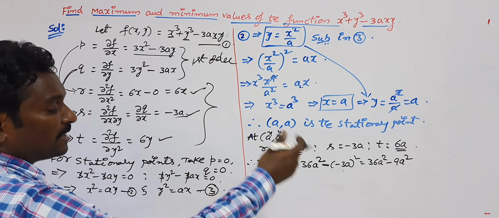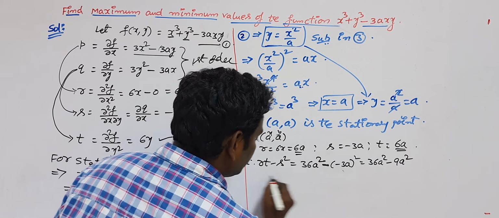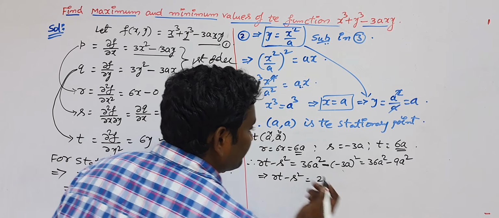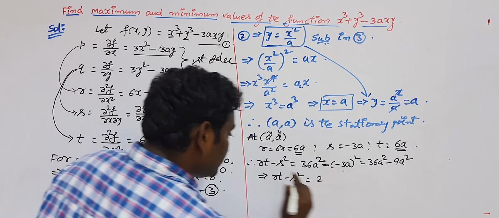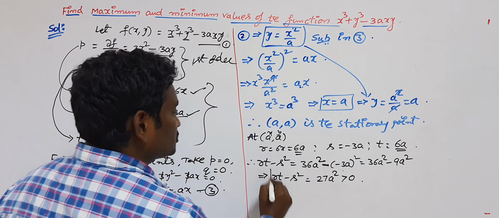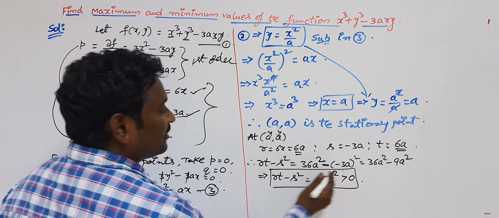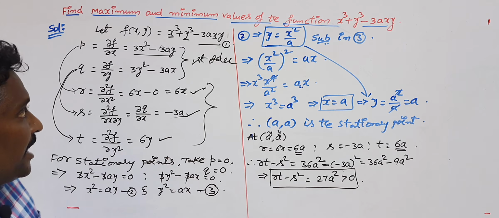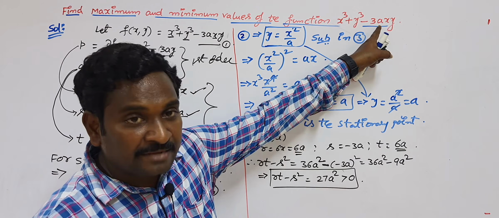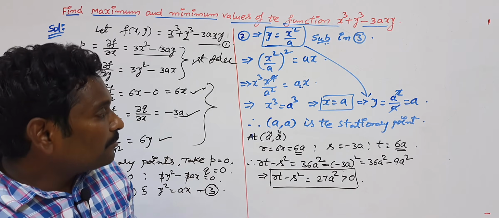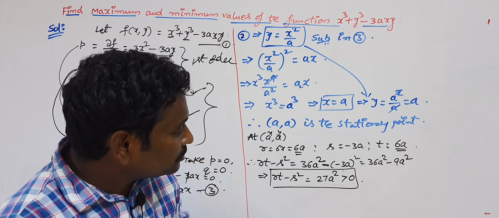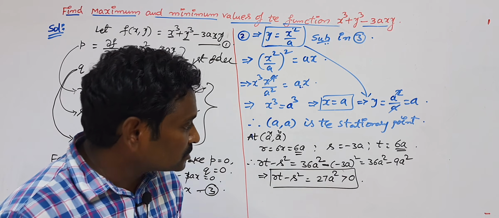So, what is 36 minus 9? rt minus s square is equal to 27a square. 27a square is always positive because a has a square. Here we do not know about a, it is not mentioned in the statement, that is why a may be positive, otherwise negative. Either way, 27a square is always positive.